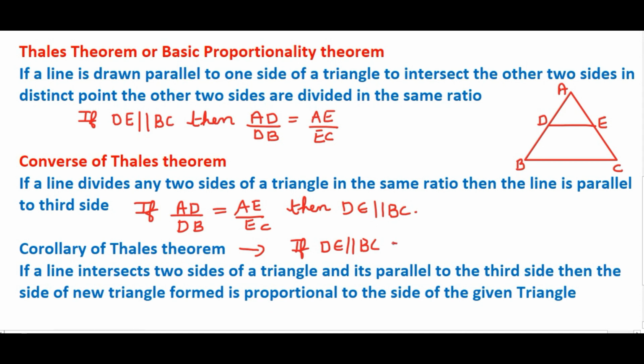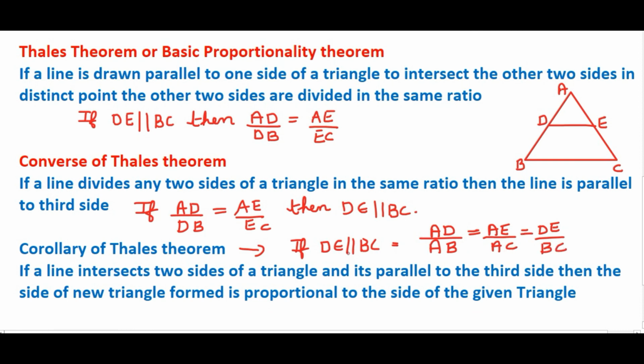So the sides of the new triangle formed will be proportional to the sides of the given triangle, that is AD divided by AB equal to AE divided by AC equal to DE divided by BC. So this is the corollary of Thales' theorem.